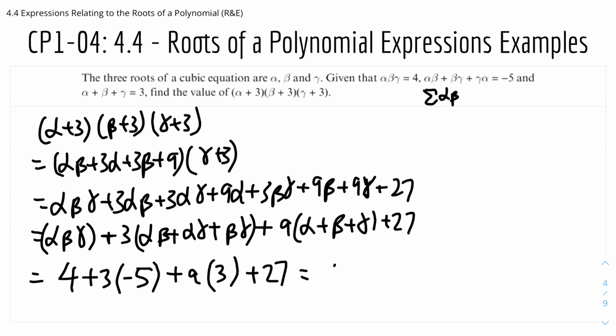And this gets us 4 minus 15 plus 27 plus 27. And this simplifies because we know that 27 plus 27 is 54, plus 4 minus 15, and that gets us 43. And that's the final answer.